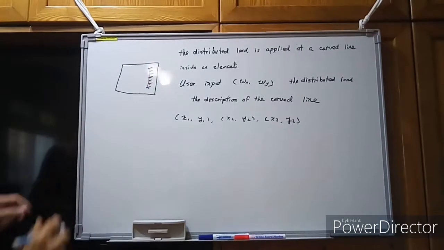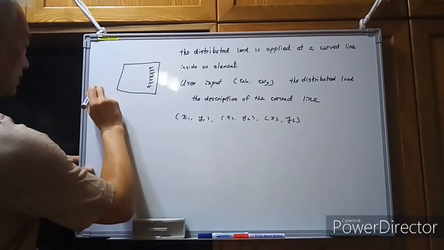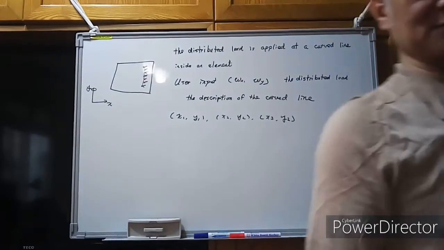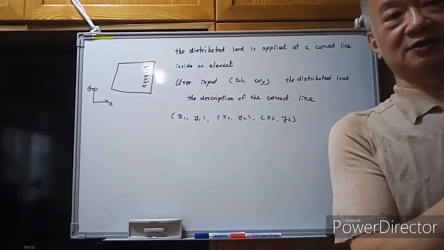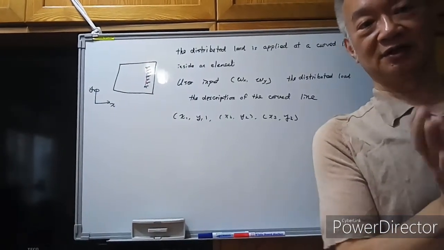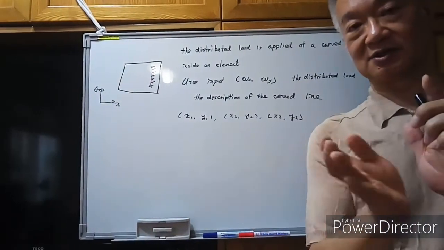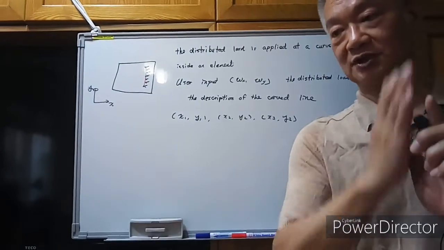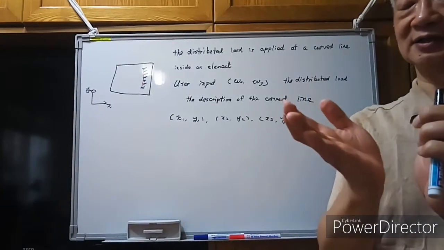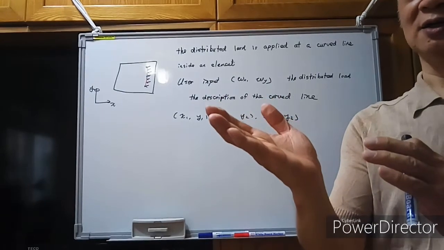Okay, so since the user needs to define the global coordinates, the global coordinates are defined by the program user. He can decide where is the origin of the coordinate system, and also he can decide whether the x-axis is along the horizontal direction and the y-axis is the vertical direction, or if he likes, he can say the x-axis is 30 degrees from the horizontal.